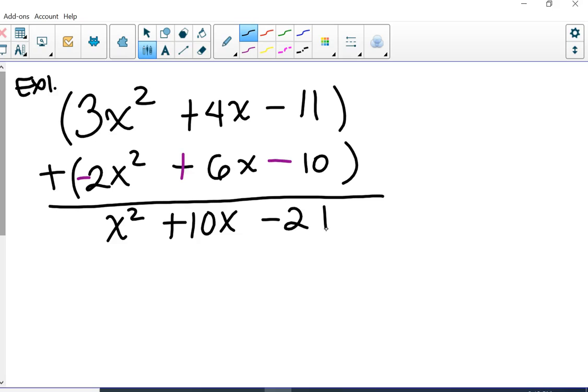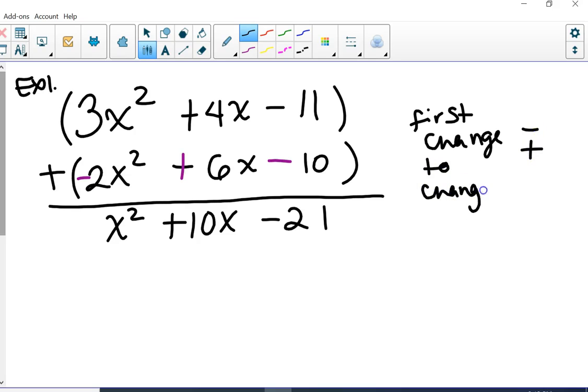So again, first step, change minus to plus, and then change the sign of everything on the bottom.